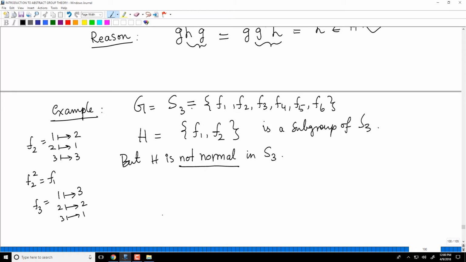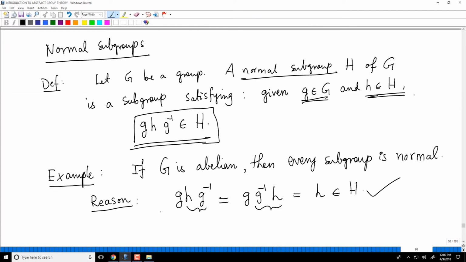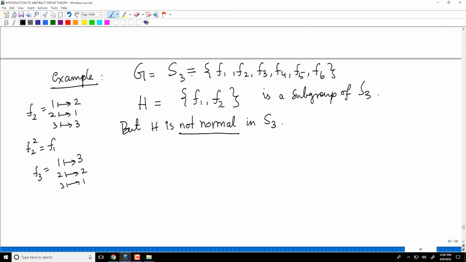Remember, a normal subgroup is a subgroup satisfying: take something in the group, something in the subgroup, and g h g inverse is in H. So I'm taking F3 in the group and F2 in the subgroup, and I want to calculate F3 F2 F3 inverse. But F3 inverse is just F3, because F3 has order 2. So F3 squared is also F1.